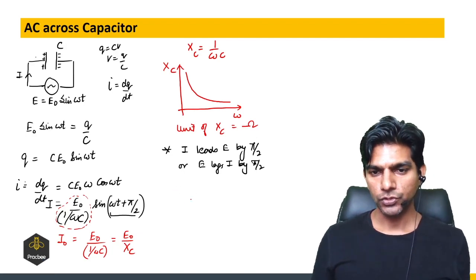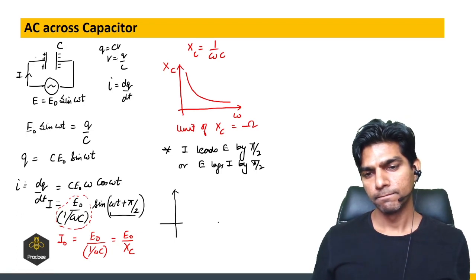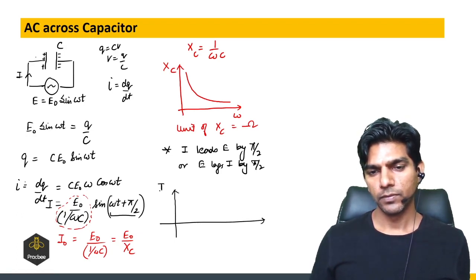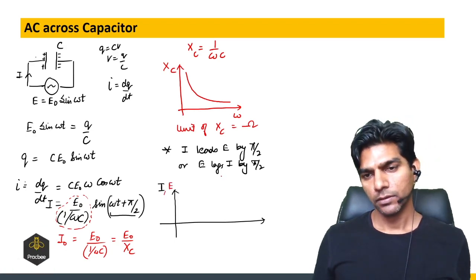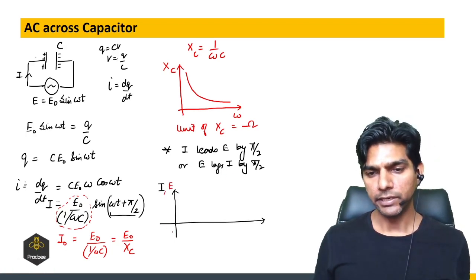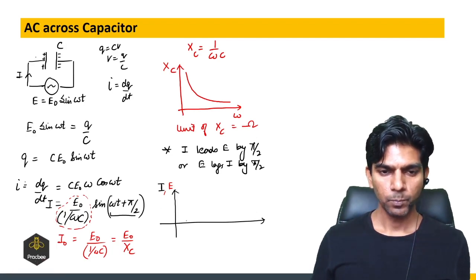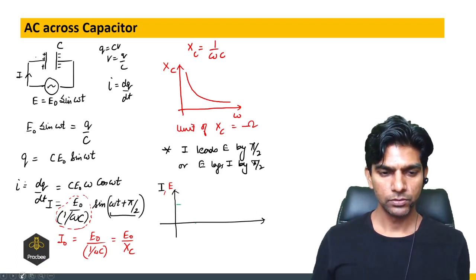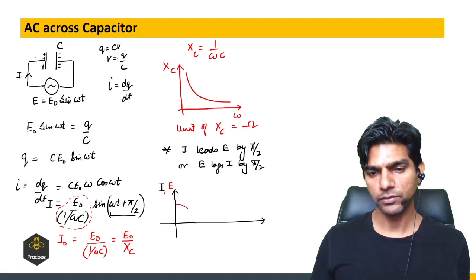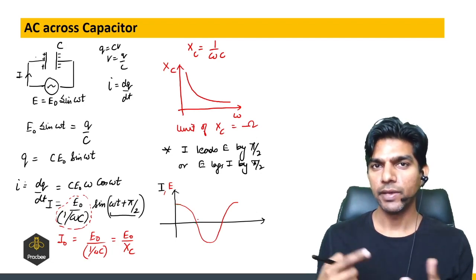So if I want to show this on a graph, let us see. So I and E with a red color. Which one is leading? Current is leading, and it is a cosine function. A physical quantity which is leading will attain its maximum value first.